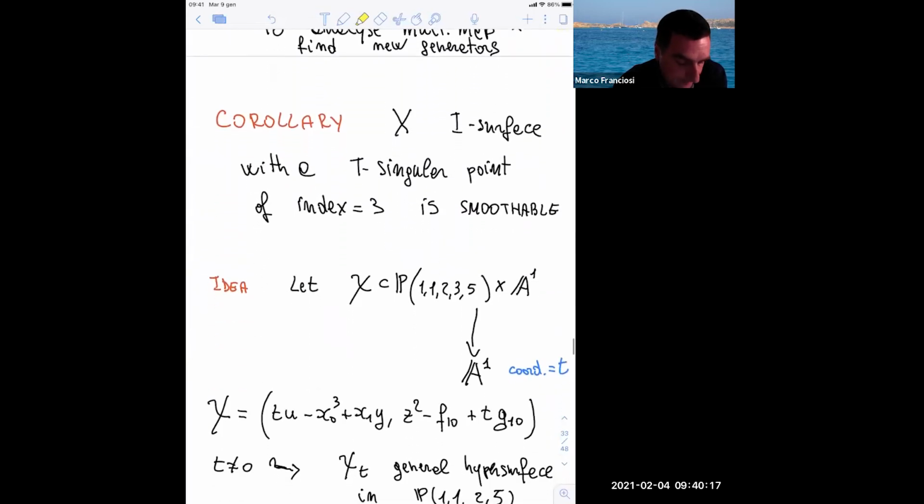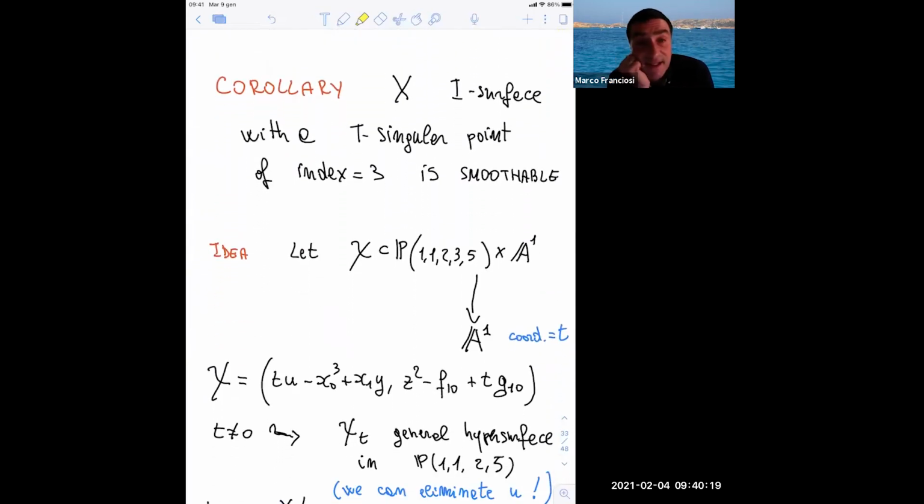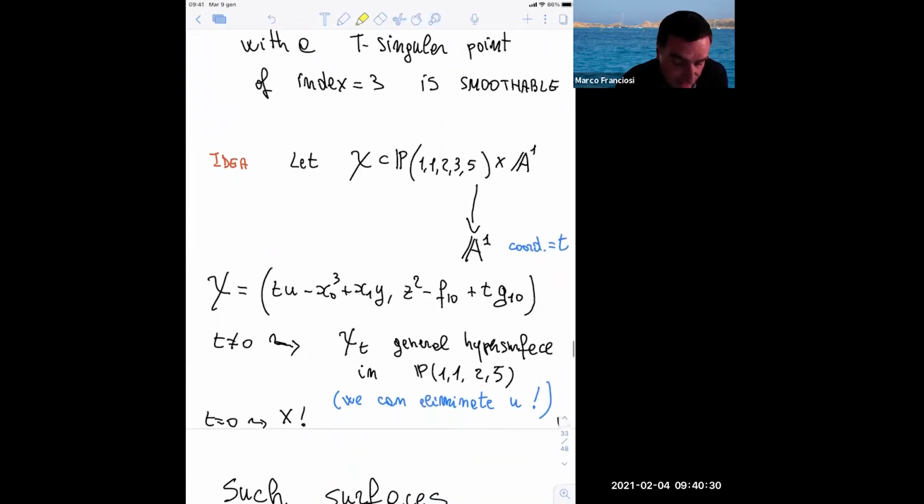As a corollary, we obtain that a nice surface with a T-singularity point of index 3 is smoothable. And the idea of the proof is quite simple. Indeed, we consider a family in P(1,1,2,3,5) cross A1 over A1 with coordinate t, given by this couple of equations.